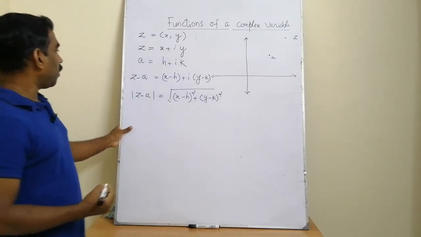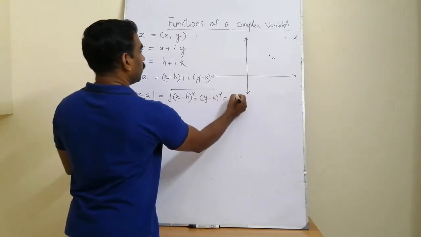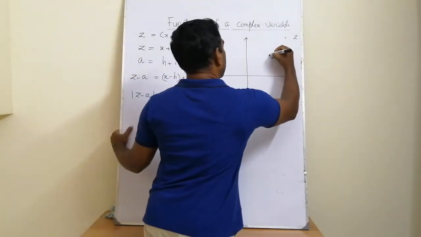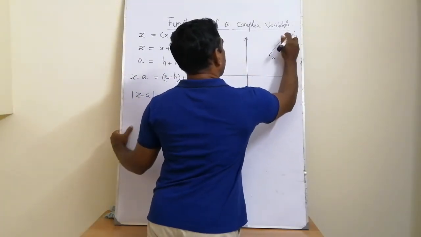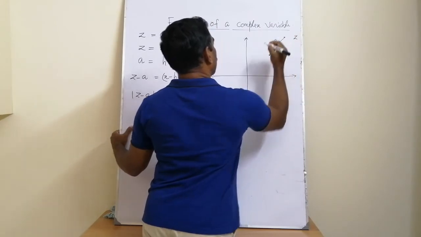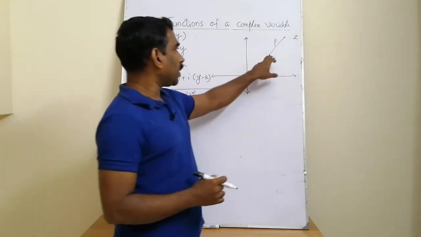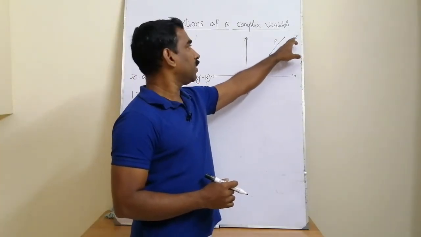And we call this fixed distance some rho. This is the fixed distance, say rho, between a fixed complex number a and a variable complex number z.